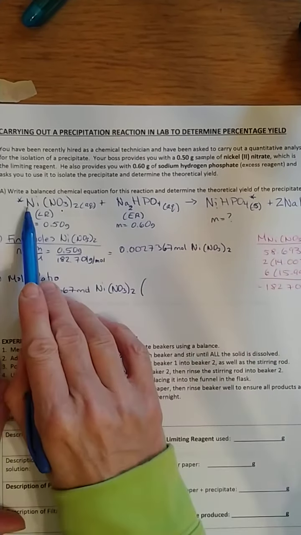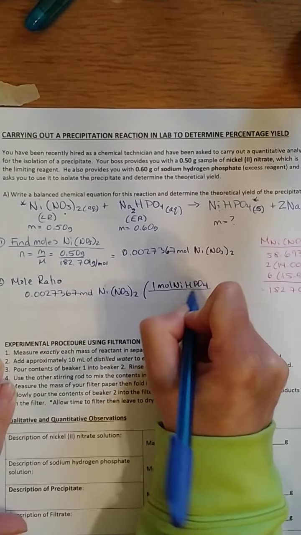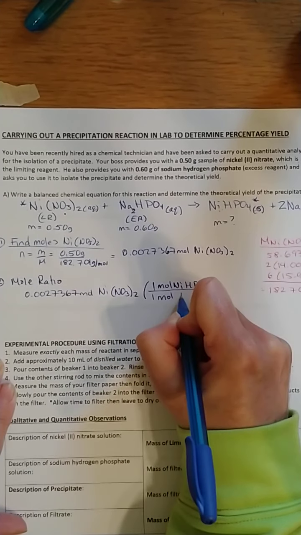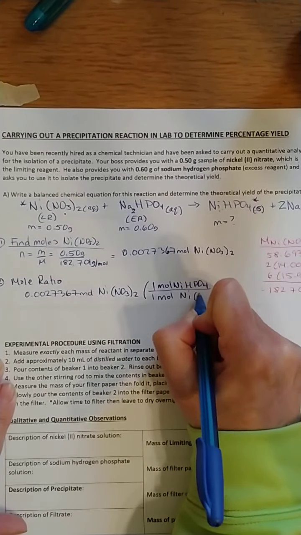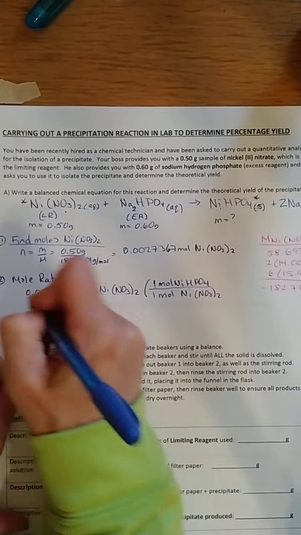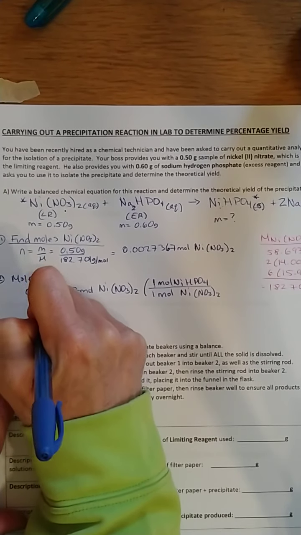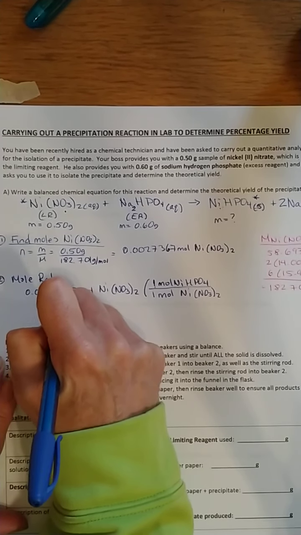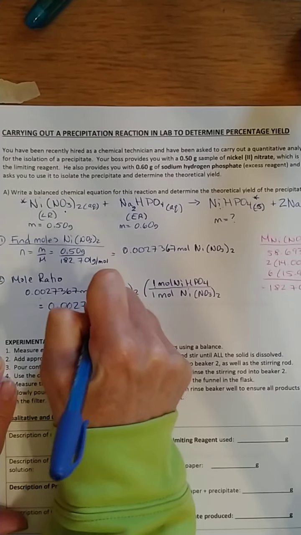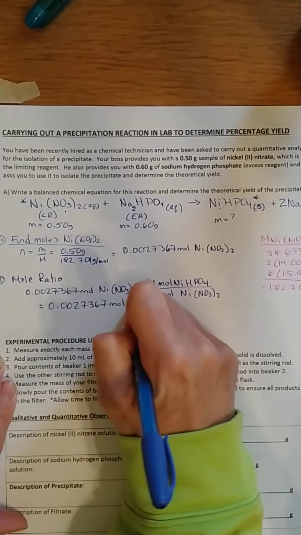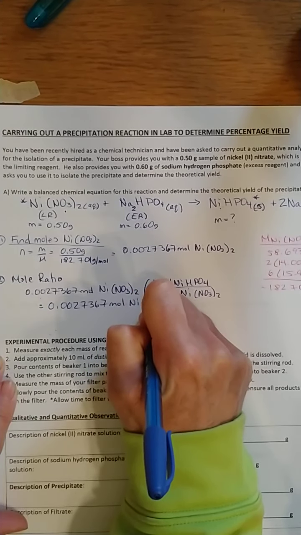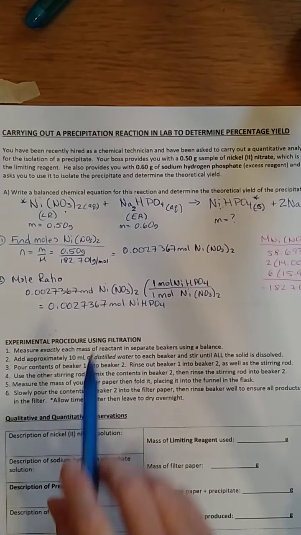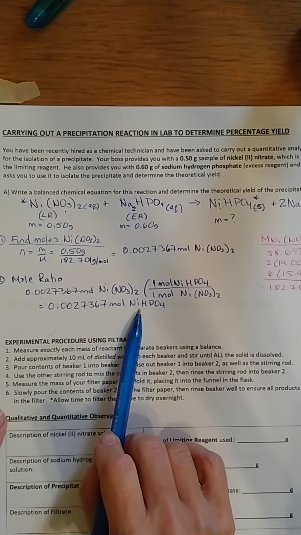So 1 mole of nickel hydrogen phosphate divided by 1 mole of nickel nitrate. So it's a 1-to-1 relationship, which means when you multiply by 1, divide by 1, it's the same number, 0.0027367 moles of nickel hydrogen phosphate. Okay, so that is the moles of our product.